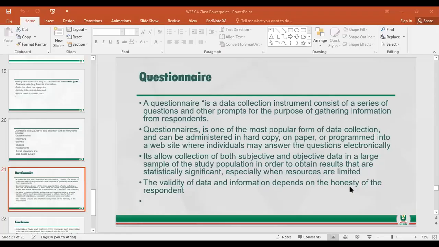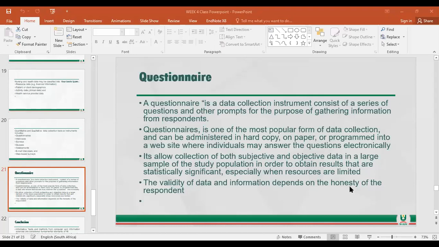And so I'm just going to unpack questionnaire, which is the main tool that we are going to be looking at in this unit. It says that a questionnaire is a data collection instrument, consisting of a series of questions and other prompts for the purpose of gathering information from respondents.